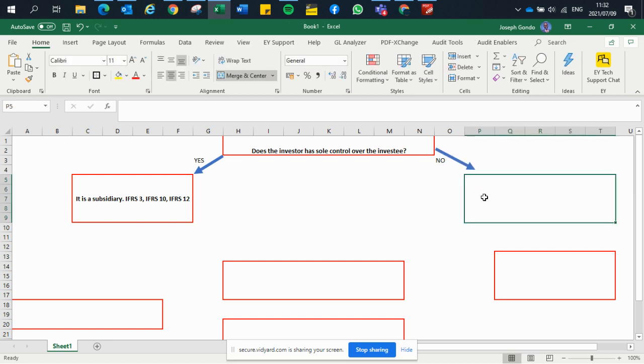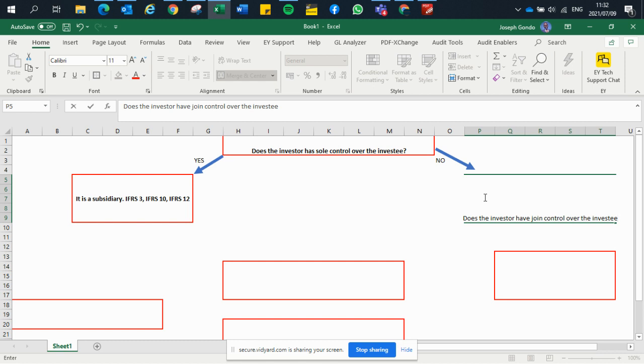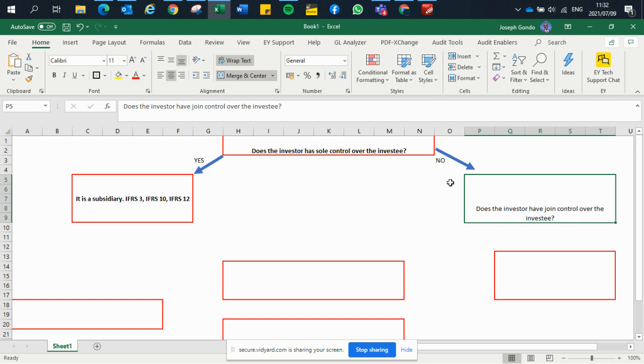The second question is, does the investor have joint control over the investee? So you are now asking yourself, does the investor have joint control over the investee?